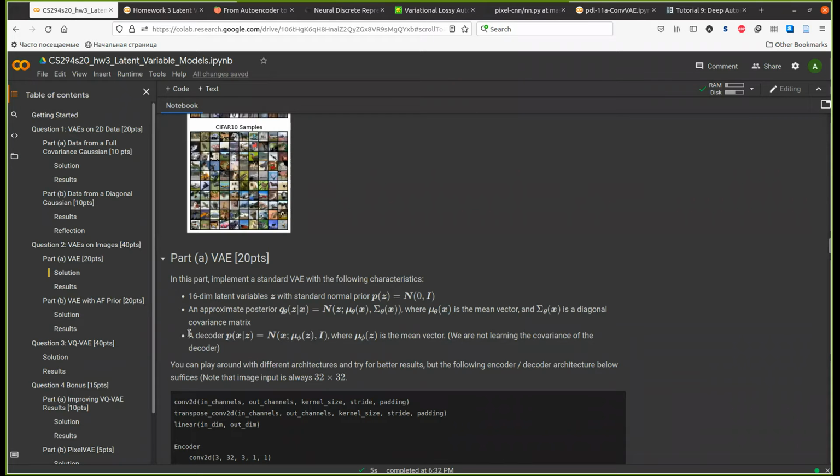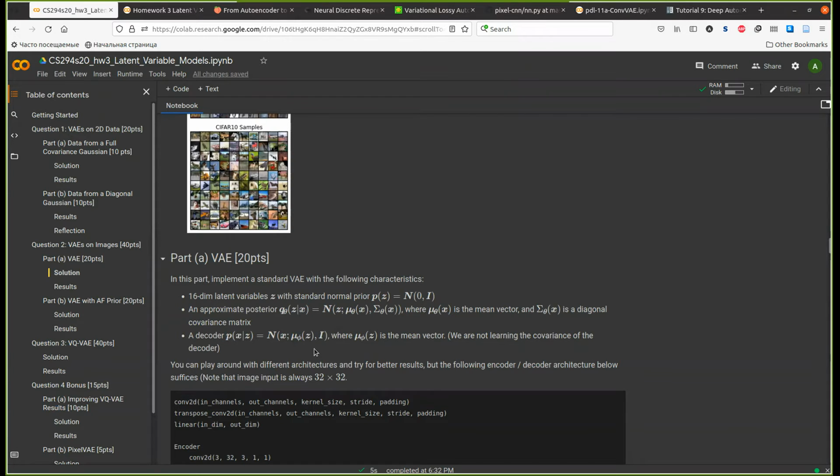You can see that the probability of X given Z is modeled by a normal distribution with a diagonal covariance matrix, which is assumed to be constant, and this is basically why the mean squared error is the maximum likelihood estimator for this kind of problem, right?